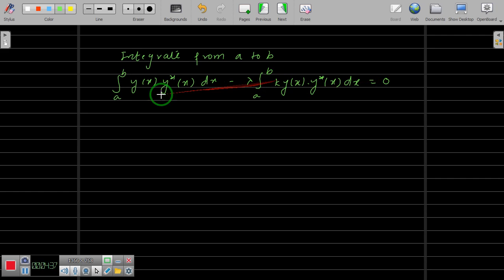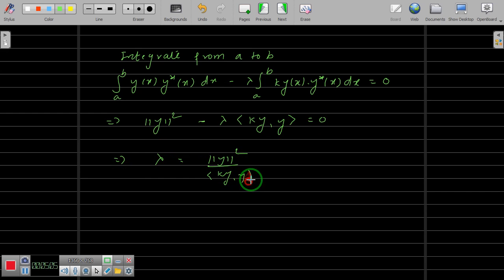This is nothing but norm of y the whole square, and this is nothing but minus lambda inner product of ky with y, and that will be equal to 0. And when you simplify this for lambda, we get lambda is equal to norm of y the whole square divided by inner product ky with y, and of course this belongs to R as K is a symmetric kernel.